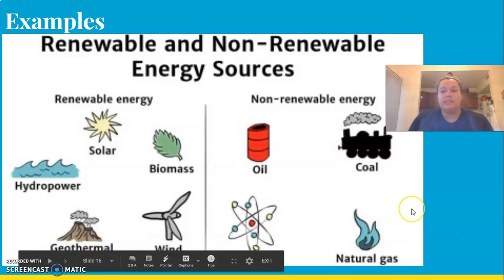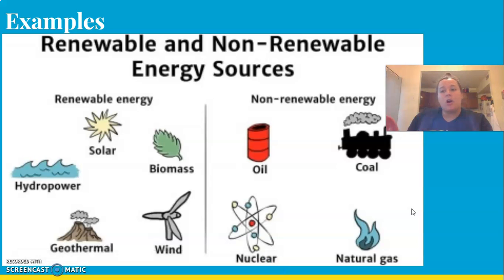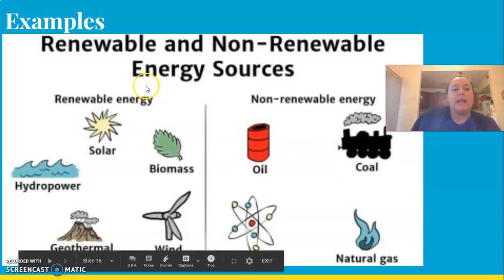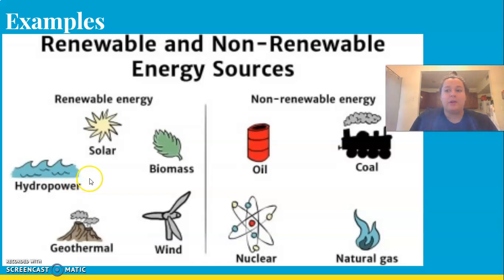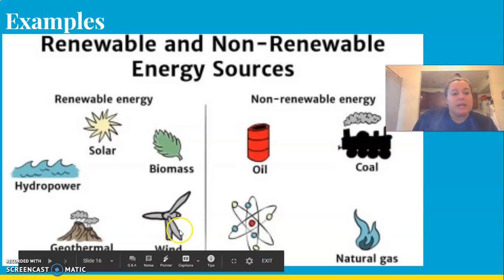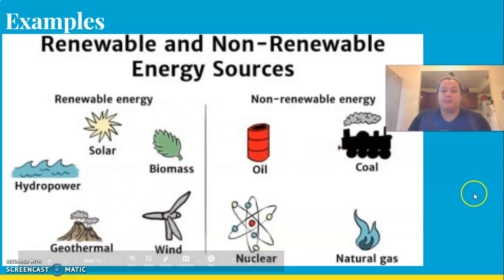And natural gas, that is actually extracted from the ground too. So those are usually coming from fossil fuels, and those are the non-renewable sources. Now, for the renewable ones, this is your solar energy, your hydropower, like from the waves. We got our wind energy, something called geothermal, and biomass. So these are examples of each type.